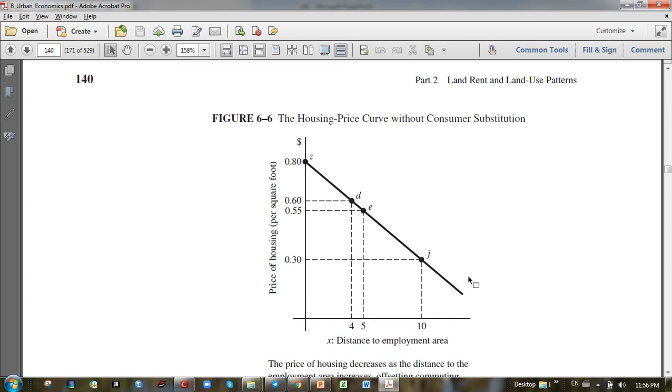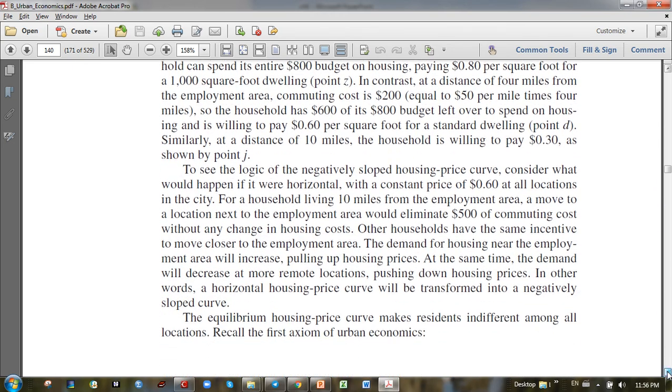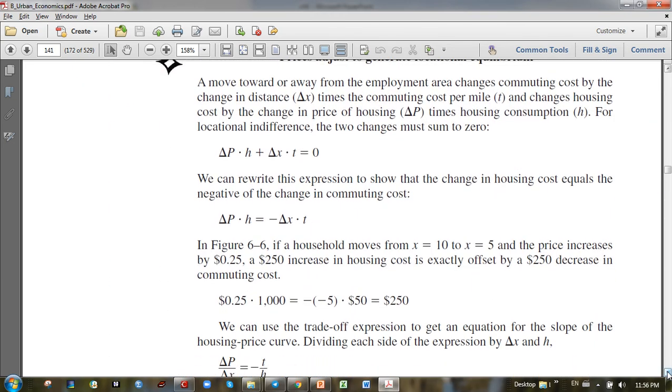Whoever is responsible for this question will explain or present this table and this figure.